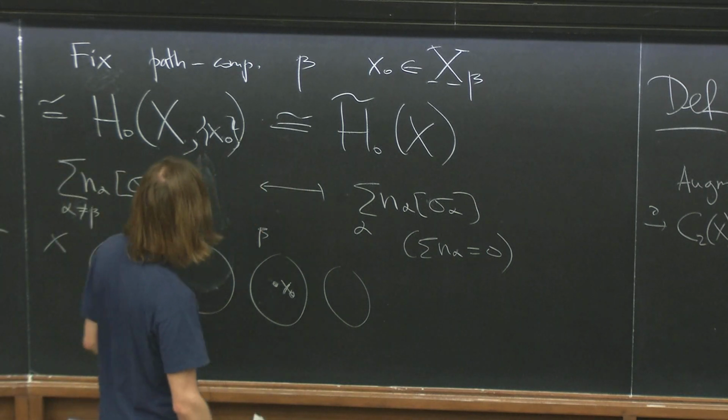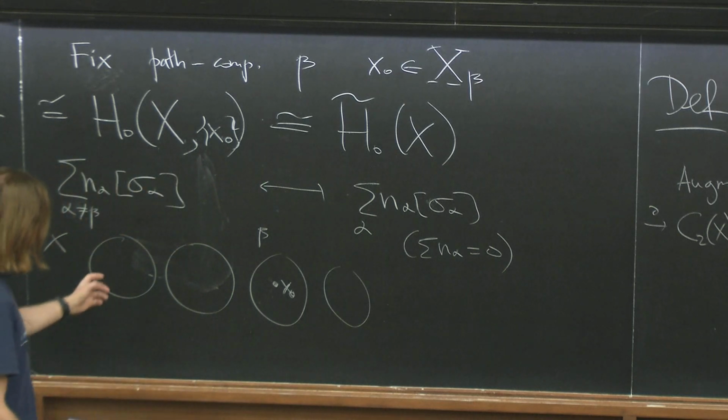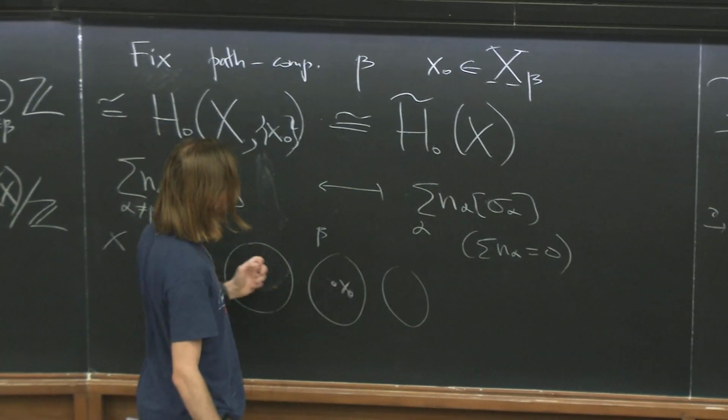There is such an isomorphism, but it's non-canonical in the sense that you have to choose one path-connected component.